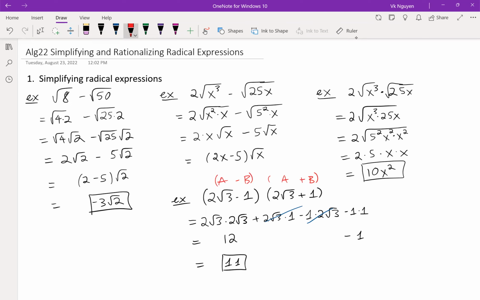So if you use the difference of two squares, then a minus b times a plus b is just a squared minus b squared. A squared here is 2 root 3 squared, minus b is 1, so 1 squared. 2 root 3 squared is 2 squared root 3 squared, minus 1. Okay. 4 times 3 minus 1 is 12 minus 1, 11.